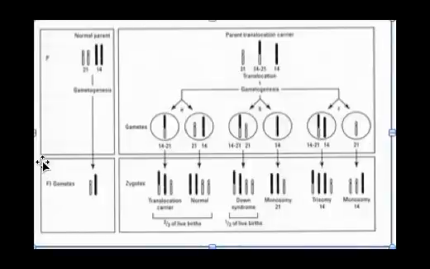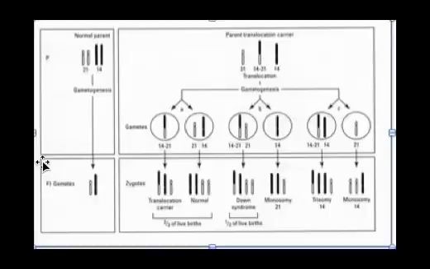This particular figure is showing another possible cause of Down syndrome, which is familial Down syndrome. The typical Down syndrome is caused by non-disjunction.